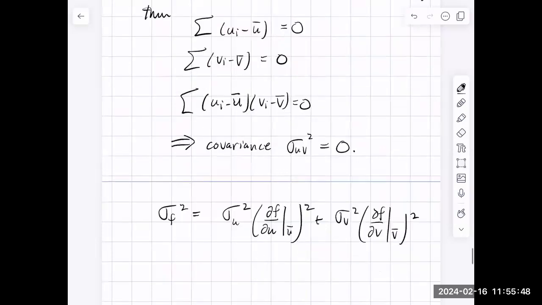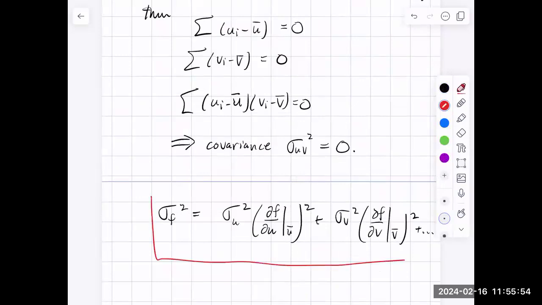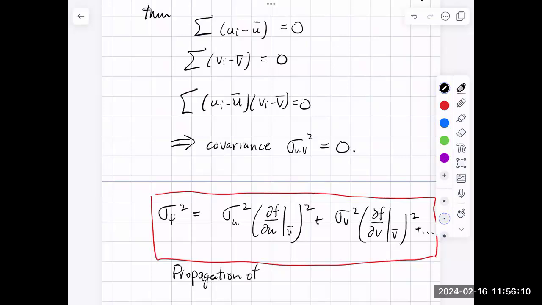And if there were more terms, they would look exactly the same for whatever those variables are, w or something like that. And so this is the propagation of uncertainty for pairs.